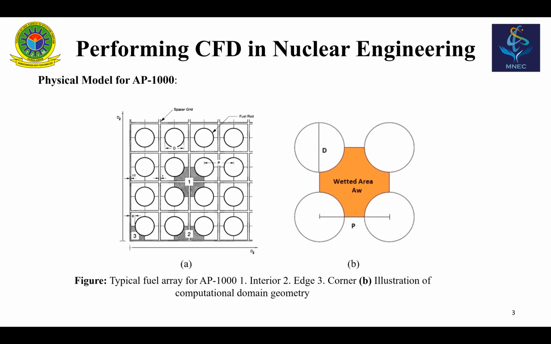So what we do here in ANSYS, we also do the same thing. We cannot take the whole fuel subchannel length, that is 3.58 meter, because it will take a lot of computational time. So with the formulas that we have seen in your fluid mechanics course, we calculate the model length, and obviously its ratio, and the model length will be smaller than the prototype length, and then we take a specific model length and do the calculation.